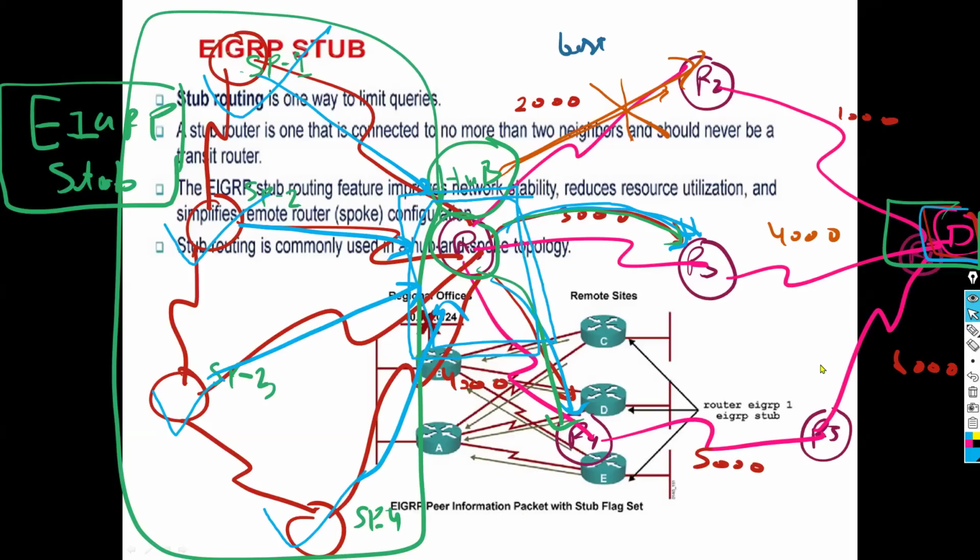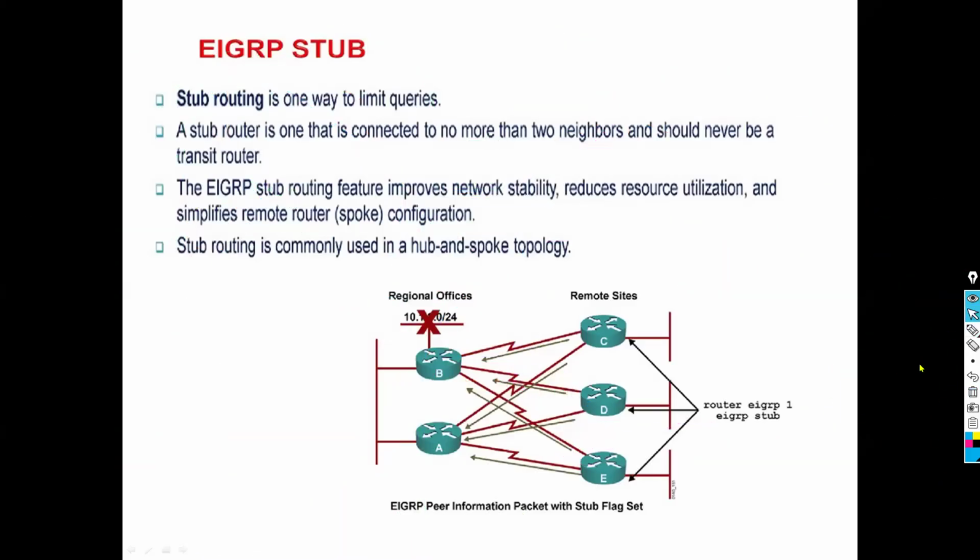The EIGRP stub routing feature improves network stability and resource utilization, and stub routing is commonly used only in hub and spoke topology. So if you are working in a hub and spoke topology, you can go with the EIGRP stub concept. I hope the concept is clear for you.